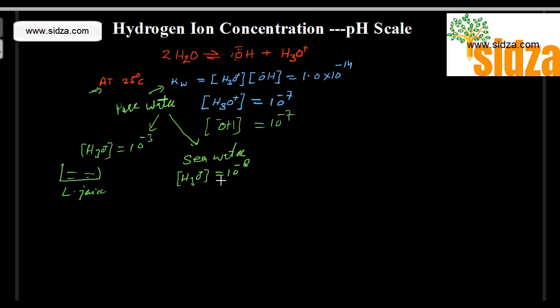And if you look at black coffee, the coffee that we drink actually has a hydronium ion concentration, H3O+ concentration, of about 10^-5. Again, you can see black coffee has a much higher concentration of hydronium ions compared to water. So comparing the H3O+ ion concentration like this is not a very convenient way.